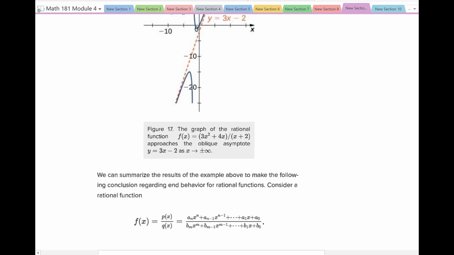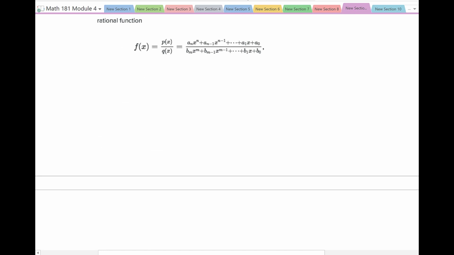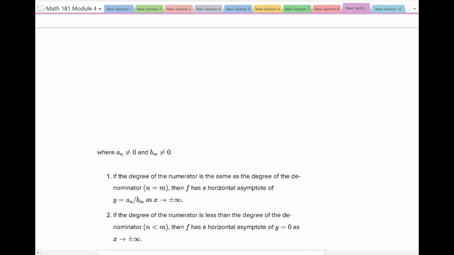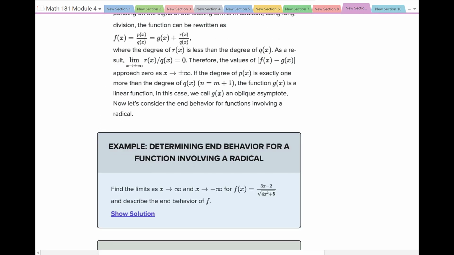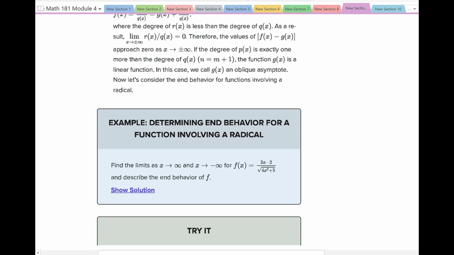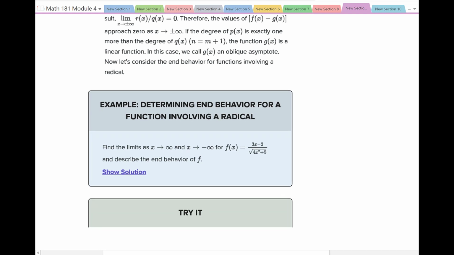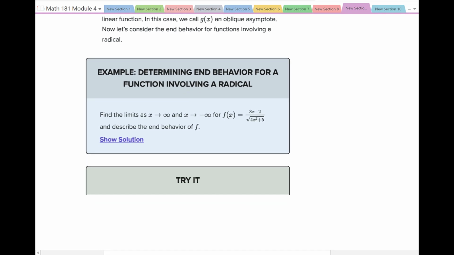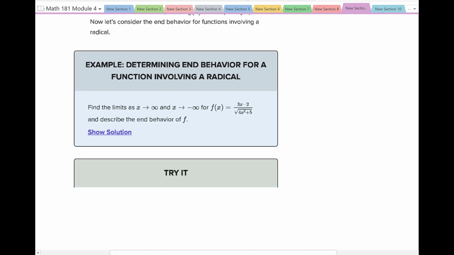Now we'll talk a little bit about the oblique, also called slant, asymptotes. No, I'm going to take that back. So determine the end behavior for a function involving a radical. This looks stressful when you first see it, like, oh my gosh, what am I going to do?